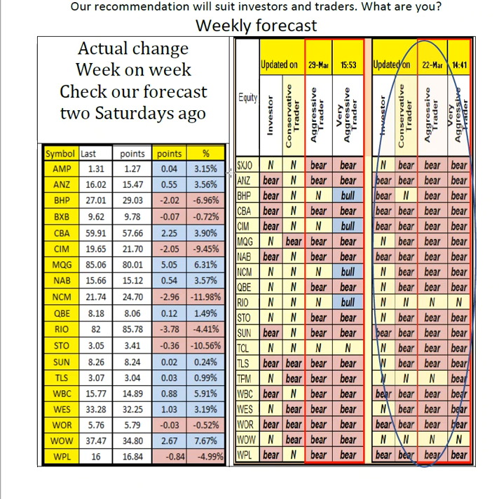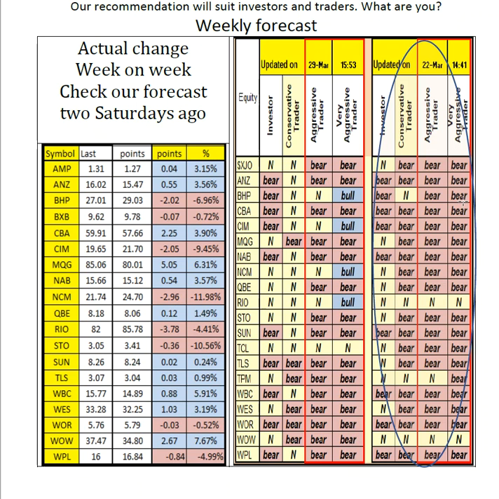So obviously AMP went up, ANZ went up. However, we were actually starting to give you bearish signals. So if you followed the weekly without the daily, and we always recommend weekly and daily, the weekly alone was bearish, bearish, bearish. On the other hand, ANZ went the other way and was profitable.